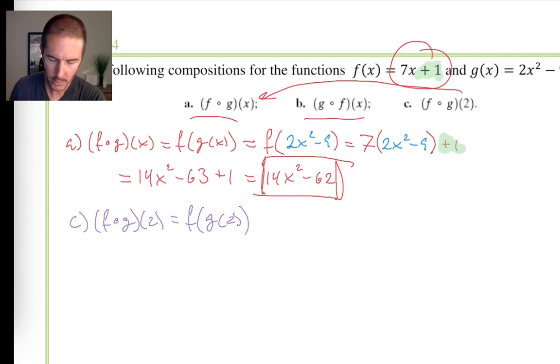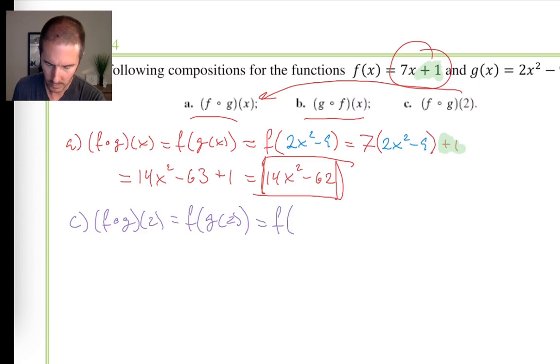So you could take the 2 and you could plug it in for x right there, square it, multiply it by 14, and subtract 62. Your other option is to keep f right here and then take 2 and plug it into your g function.